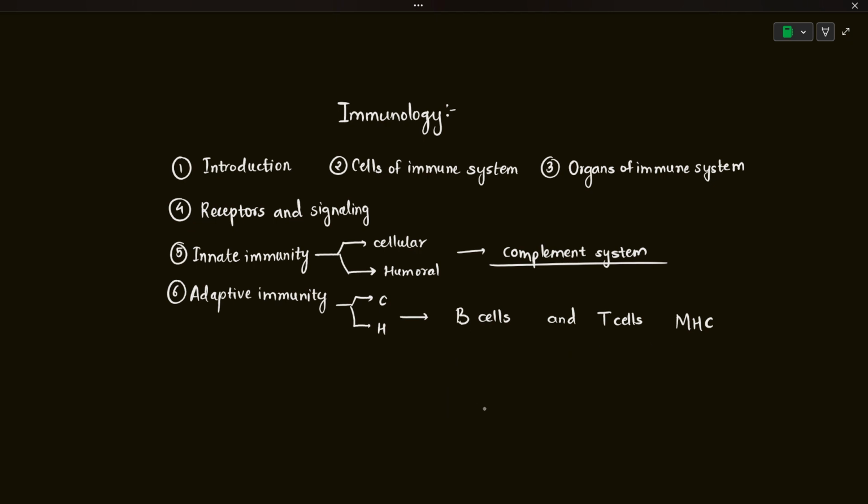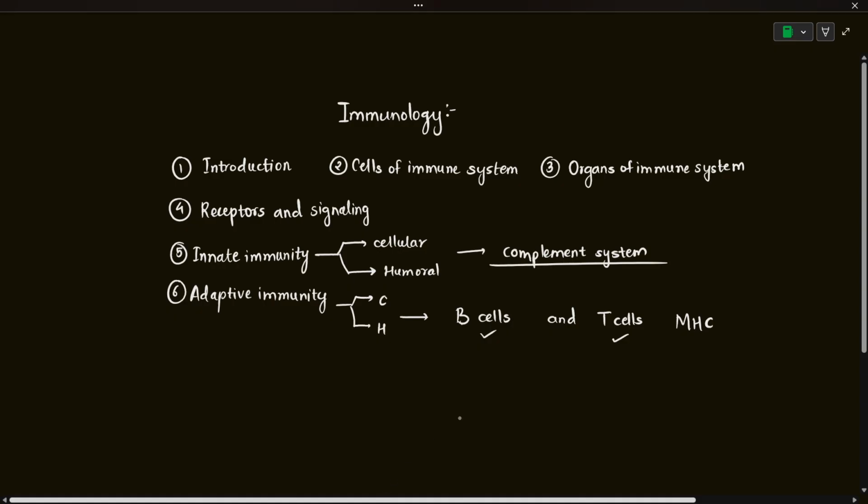So we will discuss how the maturation happens, how the activation of those cells occurs, and how the cells are able to have memory. So we will also talk about the memory generation of B cells and T cells, right? So we will discuss that. And once we are done discussing all this part, then we will discuss immunology and cancer.